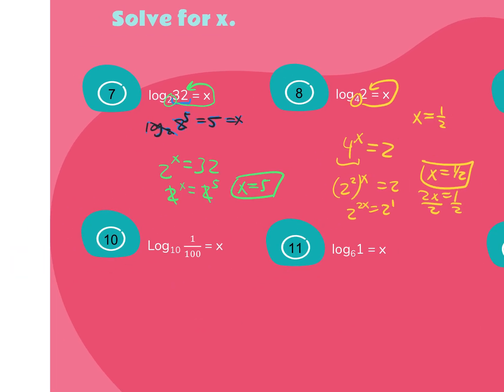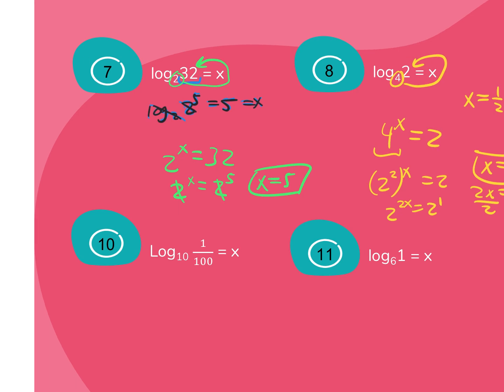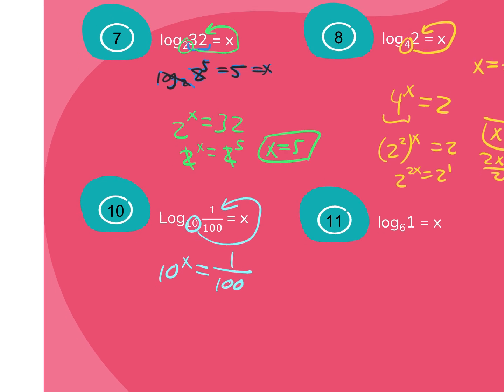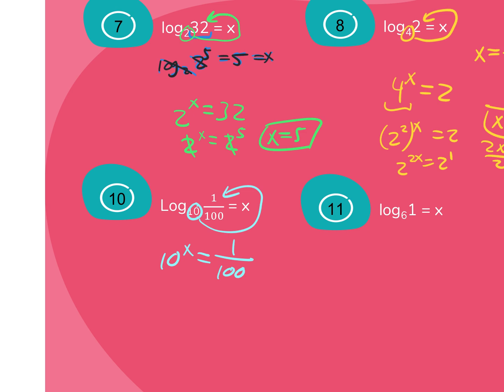All right. Same thing here, right? Log base 10 of 1 over 100 equals x. You can change it to exponential form if you'd like, if that'll make it a little bit easier. So if I have 10 as my base, change it to exponential, I get 10 to the power of x is going to equal 1 over 100. All right, and we can change 1 over 100 to have a base of 10. 100 you can write with a base of 10.